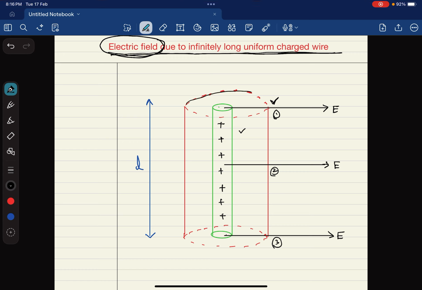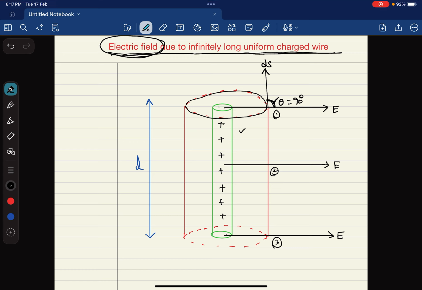First, at the topmost region, the surface area will be this one. If we increase the length of the wire, the surface area also increases along the direction of the wire. The surface area element I'm taking is ds. Here the surface area and electric field make an angle theta, which is exactly 90 degrees, because both are perpendicular to each other.